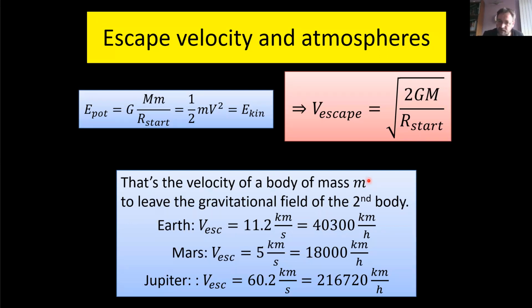Why do we still have an atmosphere on Earth? Why does Venus have an atmosphere? Why does Mars have only an atmosphere of very big molecules? It's the same as for Venus. She has a much denser atmosphere, but the molecules are usually heavier.